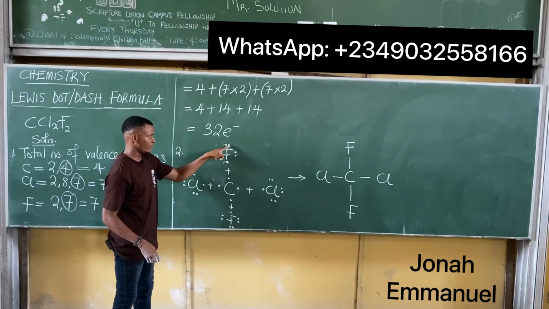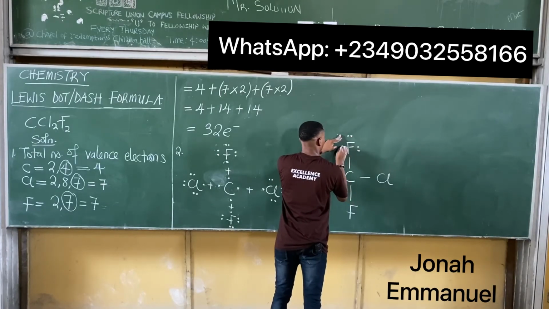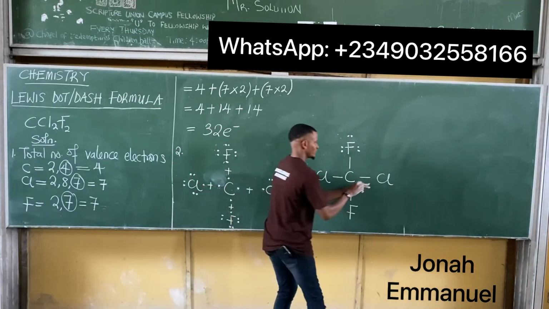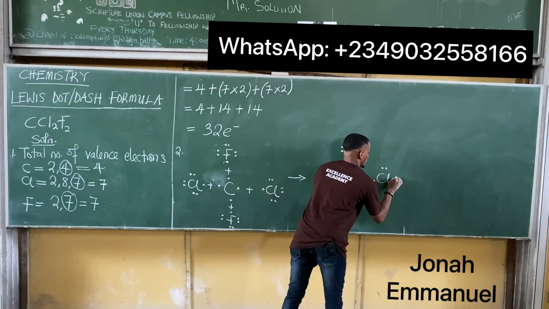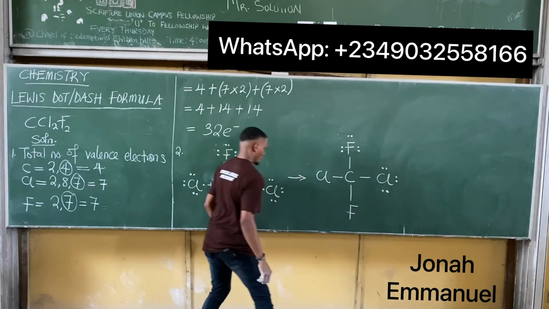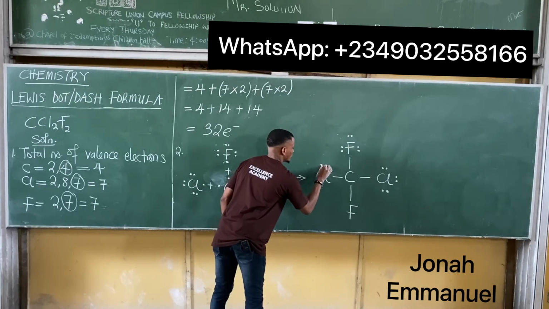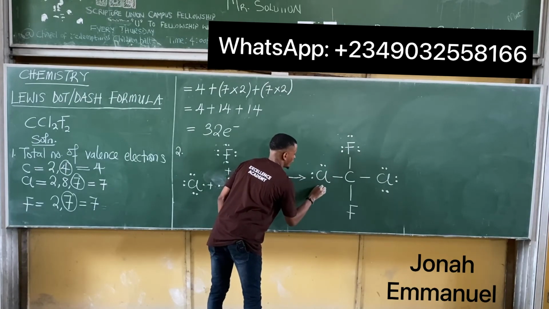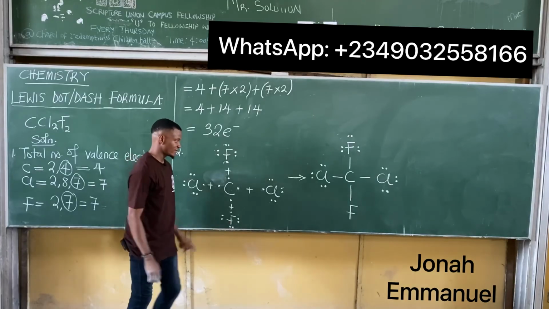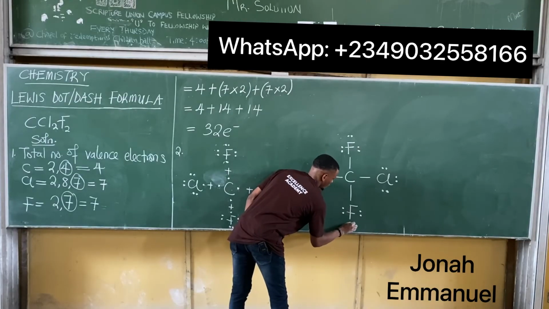This chlorine has 6 as lone pairs, this chlorine also has 6 as lone pairs, and finally the fluorines each have 6 as lone pairs.